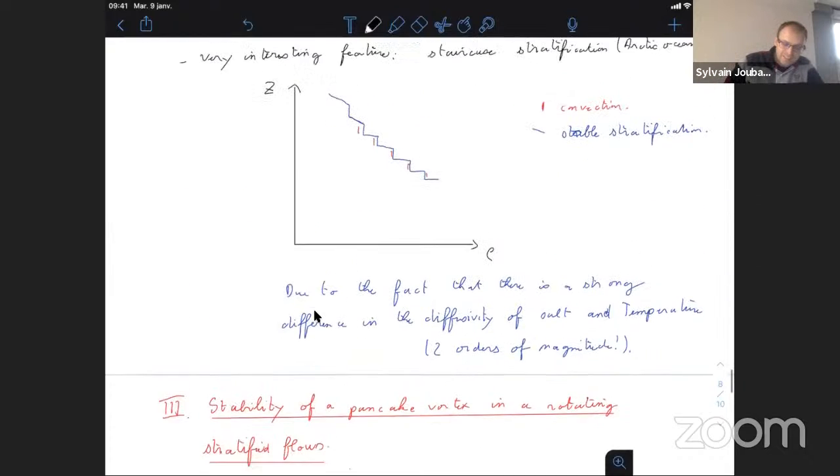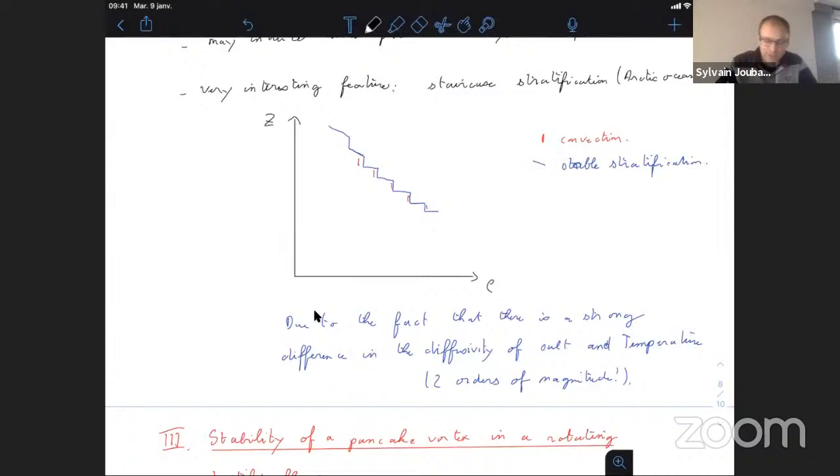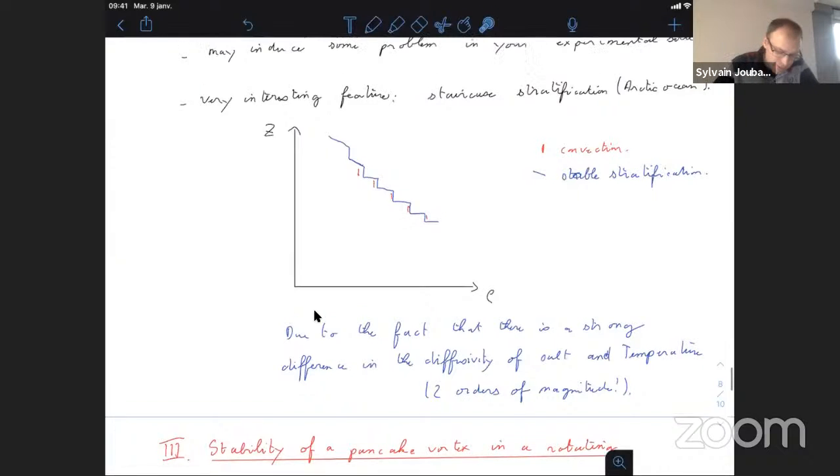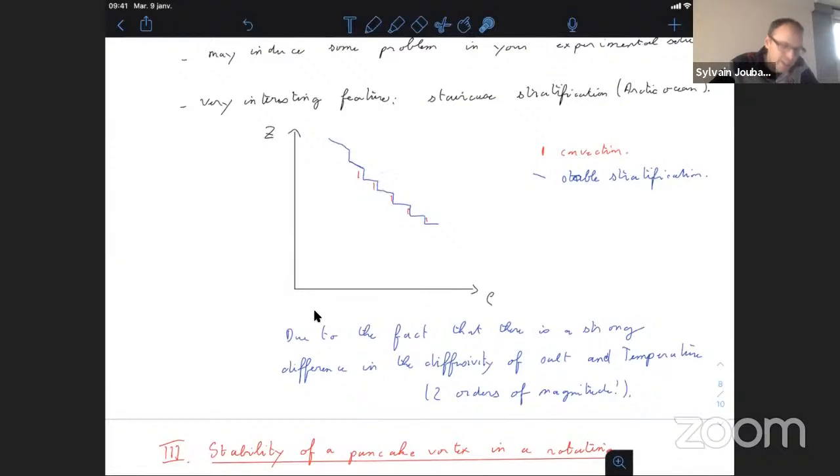So that's a very, very good question. If I come back to this question, the length scale of this clearly depends on many things. It clearly depends on the temperature difference, the salinity, on some time scales of diffusion. It's very hard to answer this question.